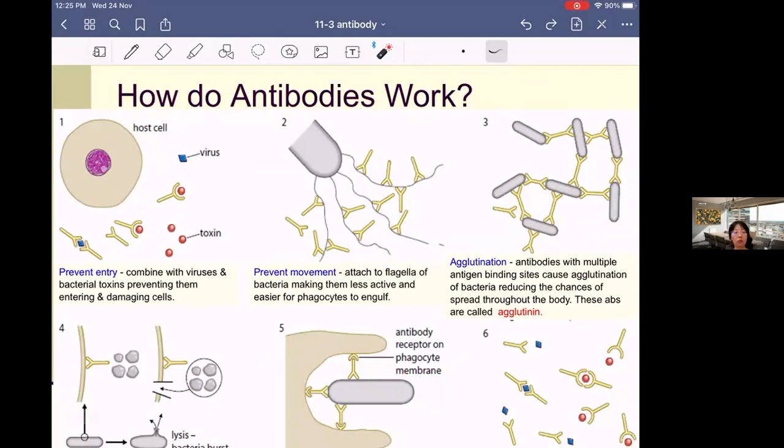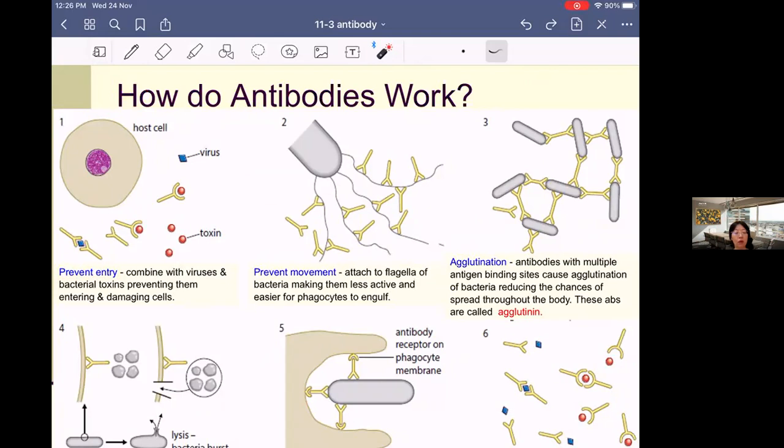Now, this part you need to know. How do antibodies work? Just now we looked at structure, now we look at function. How does the antibody work? There are many ways, depending on the type of antibody. Number 1 is to prevent entry. Why does it prevent entry?